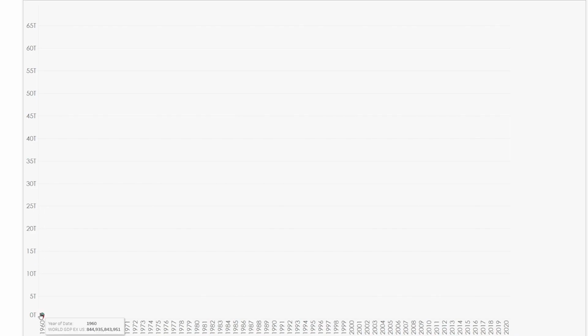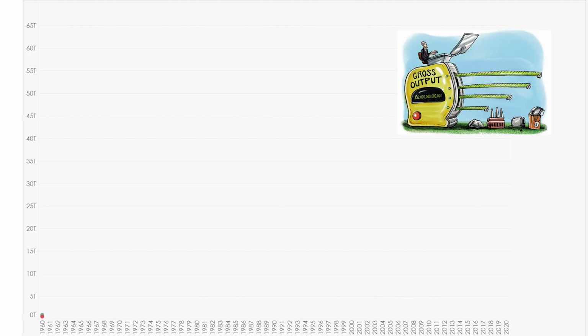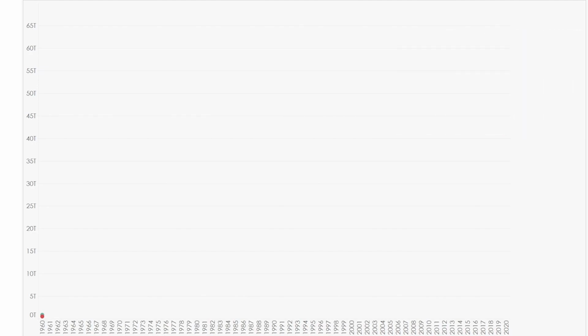So the red is US GDP, and the bluish-greenish here is world GDP, world economic output. Now, my friend Dr. Mark Skousen would tell you gross output is better than gross domestic product, and he's right. But we do not have available world gross output data yet. The economists in these various central banks and bureaucracies haven't caught up with the best in economic thinking, so we're stuck with GDP.